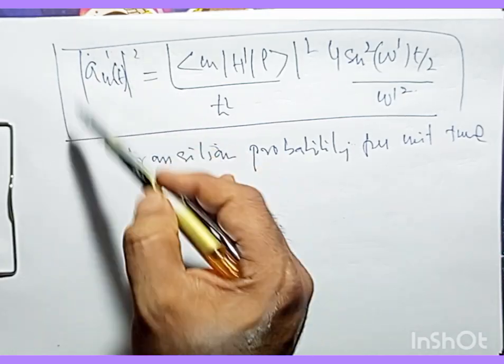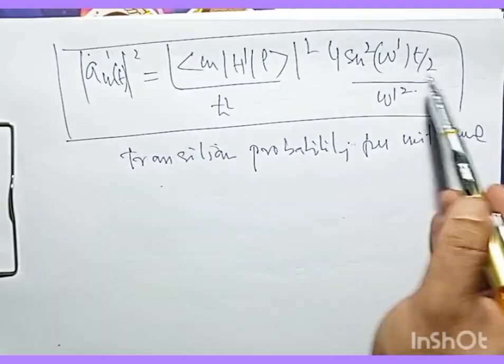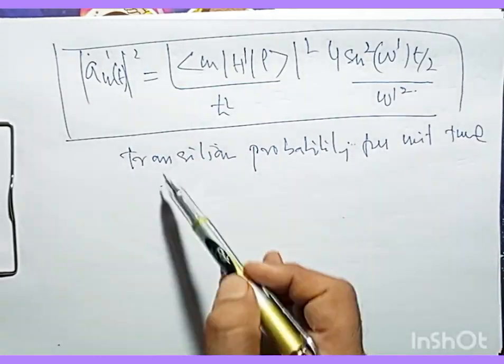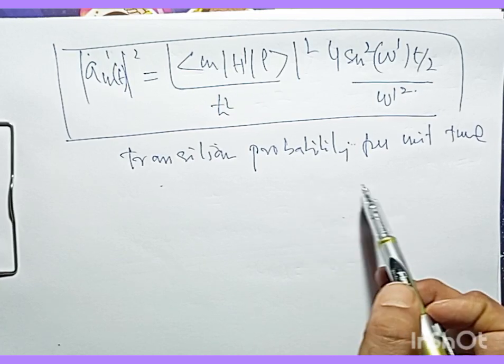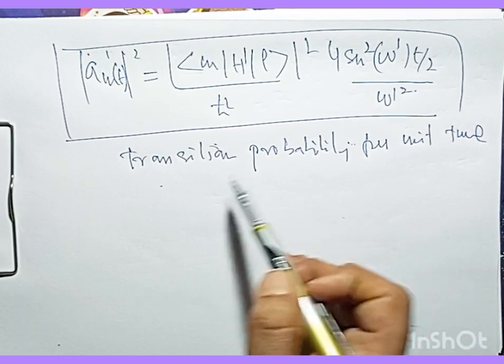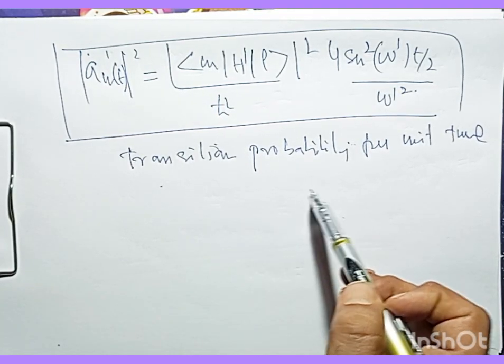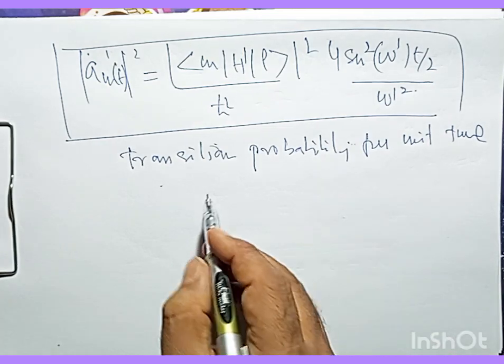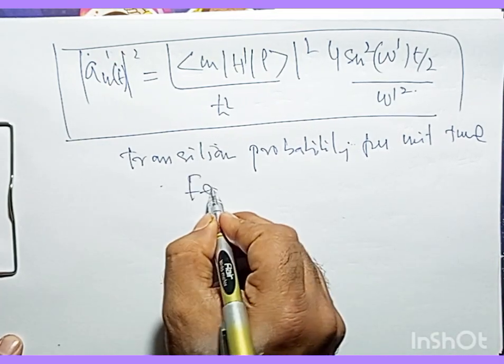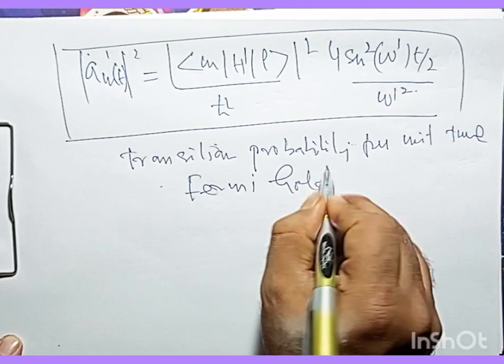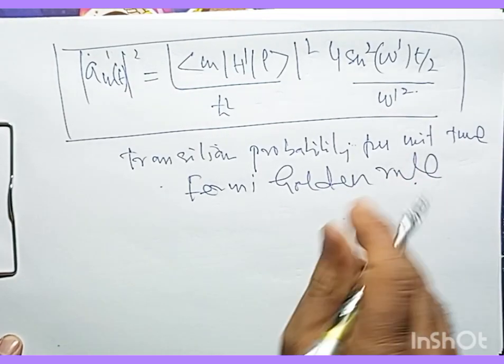Because we can see that this probability of finding the electron is proportional to the time, we call this the transition probability per unit time. And the calculation of this transition probability per unit time is called the Fermi golden rule. So this is what is called the Fermi golden rule.